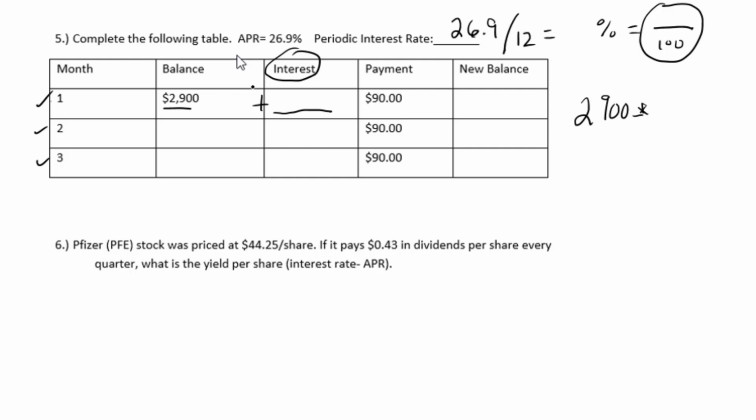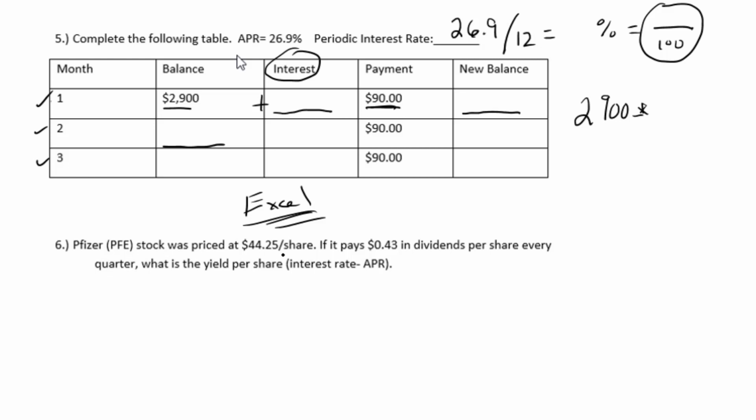So you take your balance, add your interest, but then you subtract your payment. And then you get a new balance. And the balance at the beginning of month 2 is the same as the balance at the end of month 1. And that's how you run this down. Obviously, this would be much better for an Excel spreadsheet.